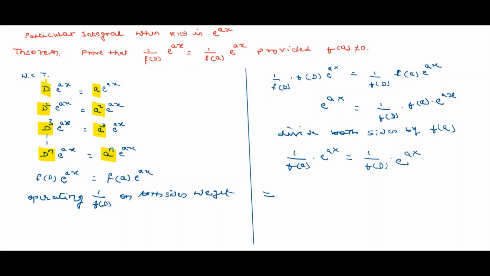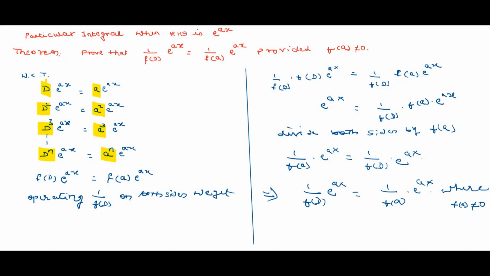So please remember, this implies 1 divided by f of D e raised to ax is equal to 1 divided by f of a into e raised to ax, where the denominator f of a is not equal to 0.